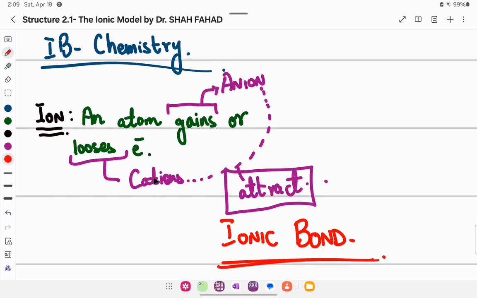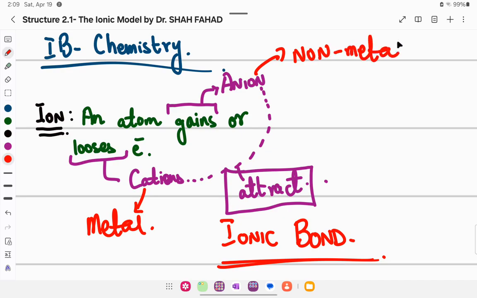Now, the cation is usually made from a metal atom, and the anion from a non-metal atom. And there is usually a transfer of electrons involved.